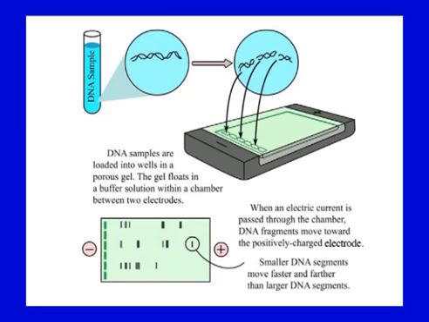Then there are two electrodes here, negative and positive, and the gel is run in the gel apparatus, and what you get is a banding pattern. Your DNA fragments, since they are negatively charged, will move towards the positively charged electrode. The smaller DNA fragments will move faster as compared to the larger DNA fragments, and on that basis separation takes place.